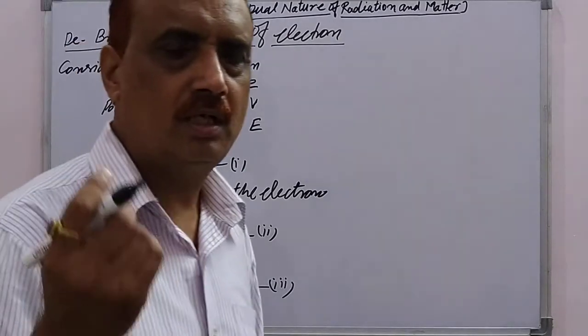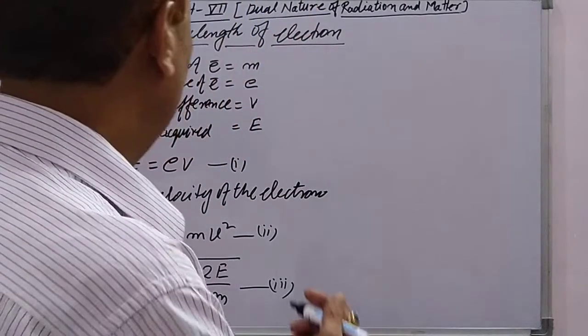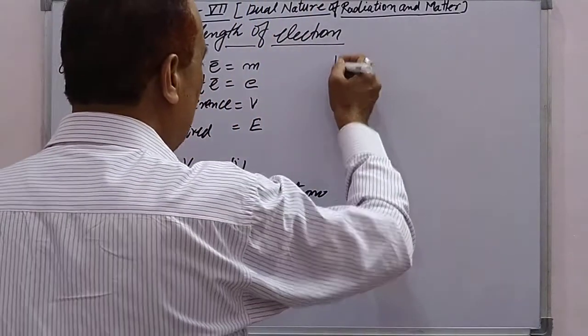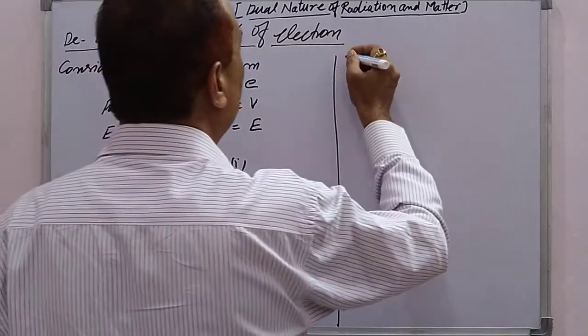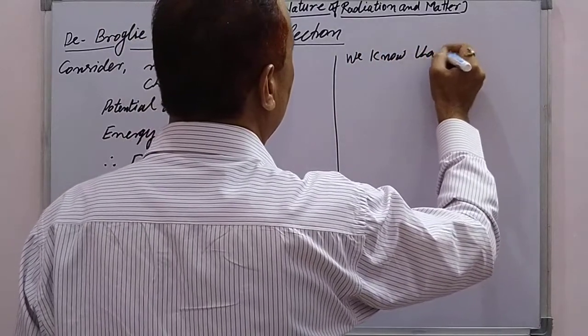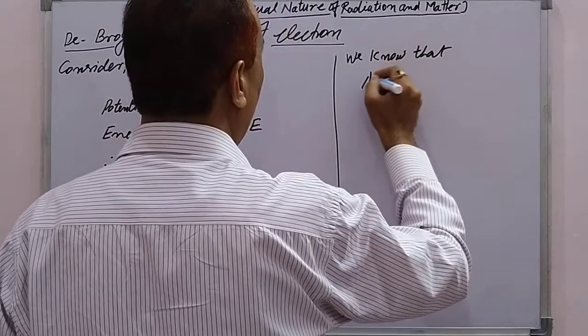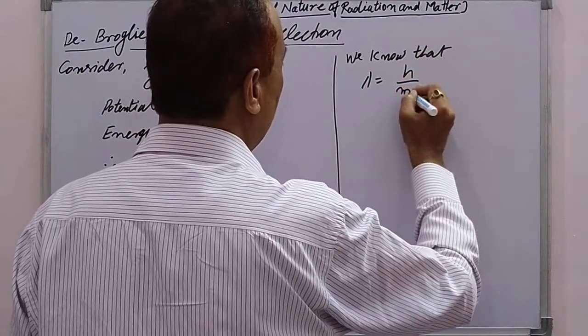After that we have to write the relation for the wavelength of the electron or the wavelength of the particle from the de Broglie relation. Now we know that the wavelength of the particle is equal to h upon mv.